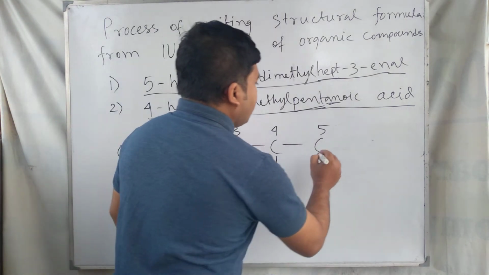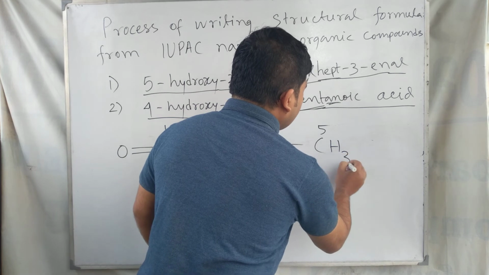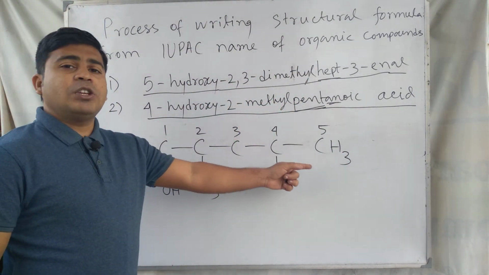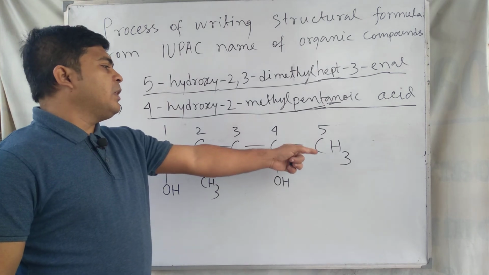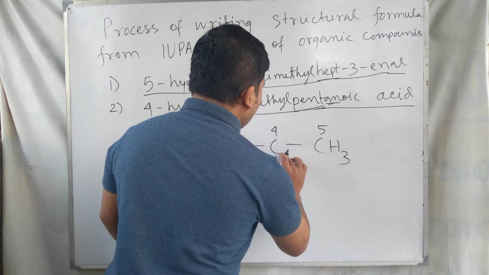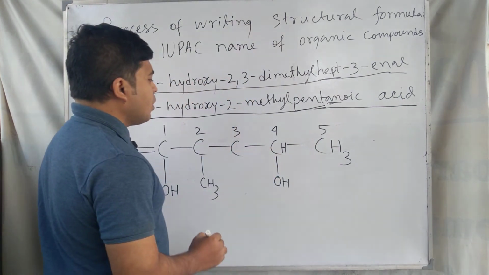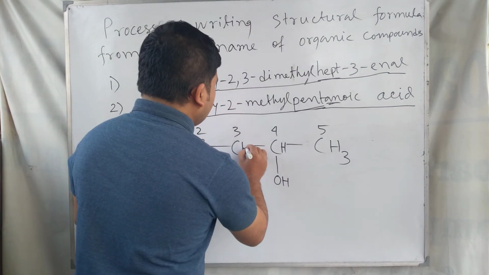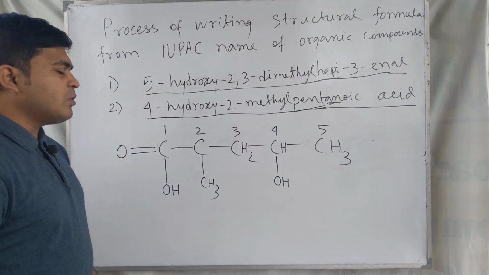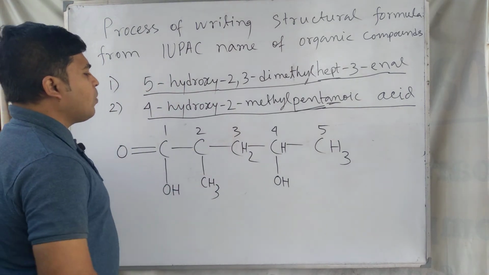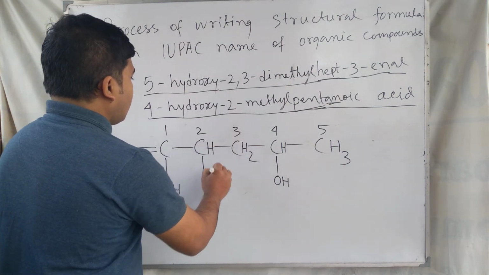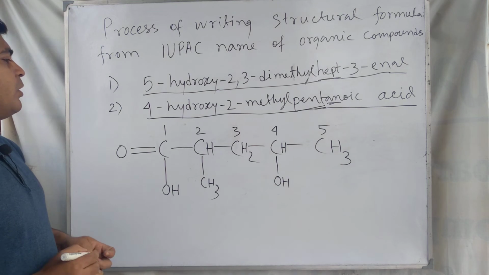So here we are seeing that 3 hydrogens are required, because to fill up the valency of 4, 1 valency is completed, so 3 hydrogens are required. For carbon number 4, 1 hydrogen is required, and for carbon number 3, 2 hydrogens are required, and for carbon number 2 the 1 hydrogen is required.